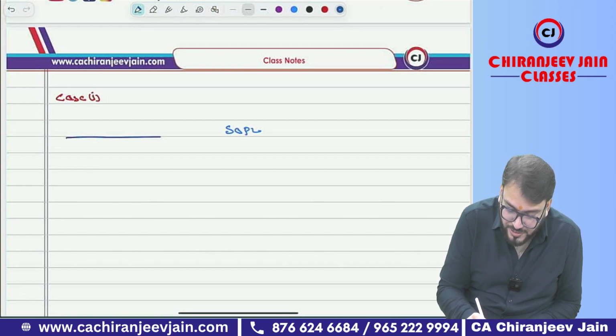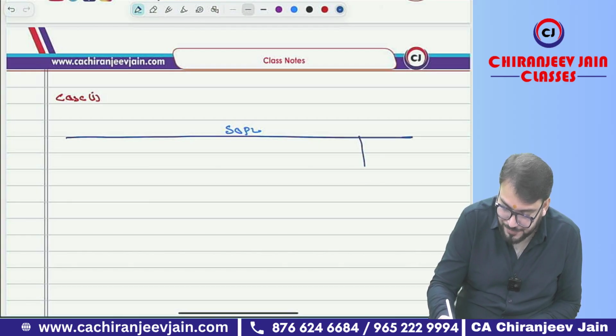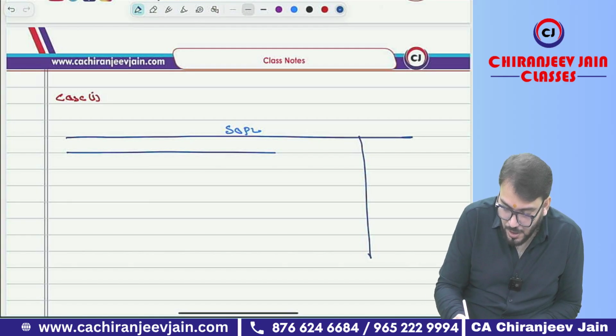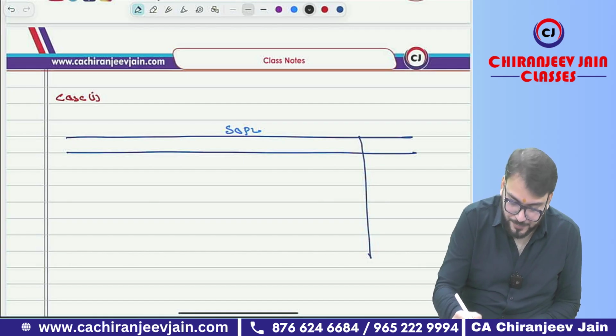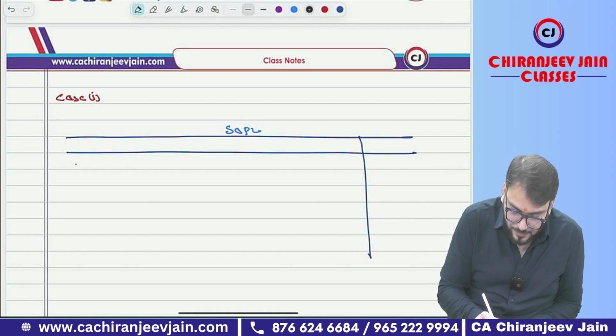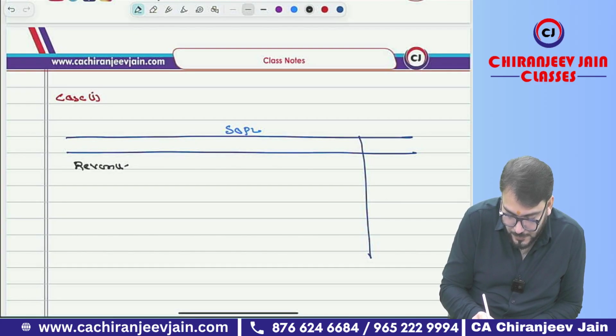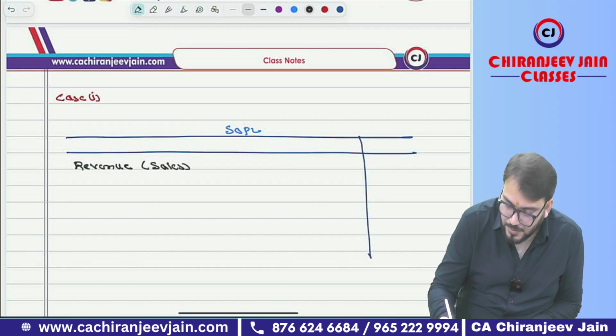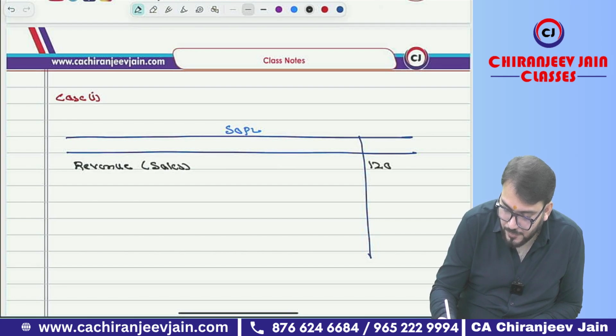Now how do we present this in SOPL format? We write down first revenue. Revenue means sales. That is how much? 12 lakh.